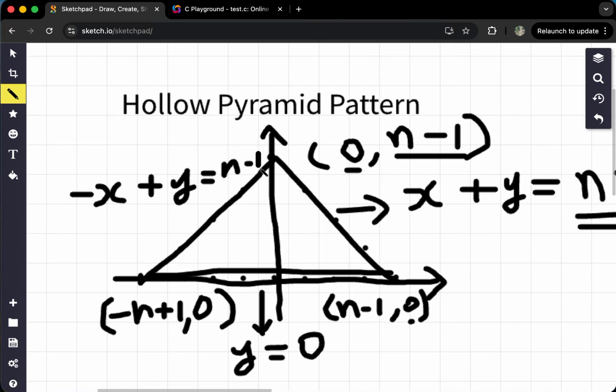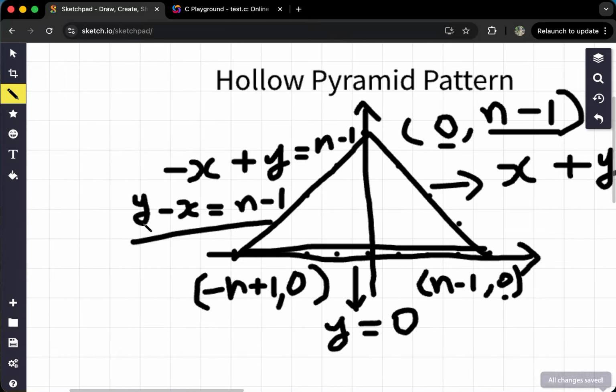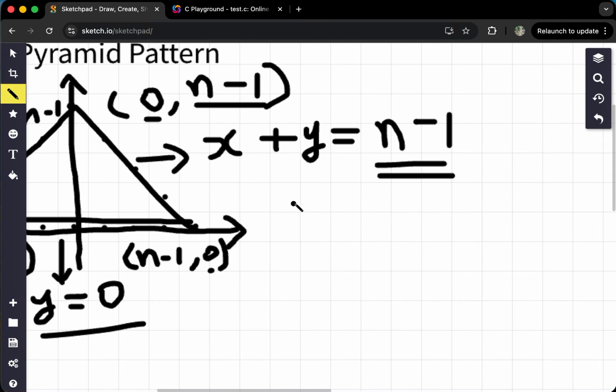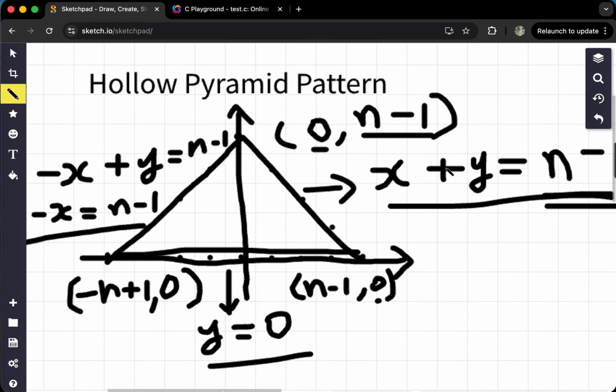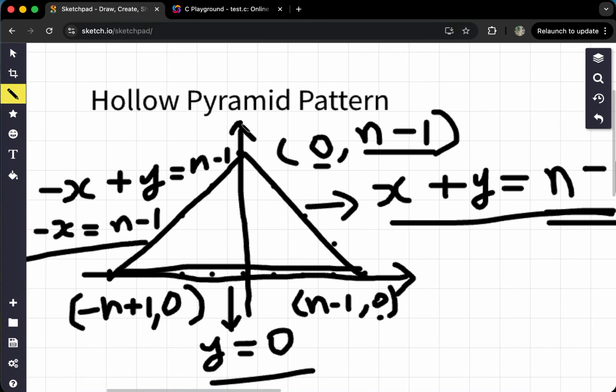So we can also write this as y minus x equal to n minus 1. So these are the three line equations: y minus x equal to n minus 1, y equal to 0, and x plus y equal to n minus 1. So using three line equations, we can print this pattern.